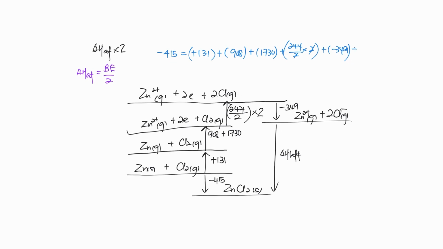So at the end, we will have plus lattice energy. With the calculation, we get the lattice energy of zinc chloride equal to negative 2730 kilojoules per mole.